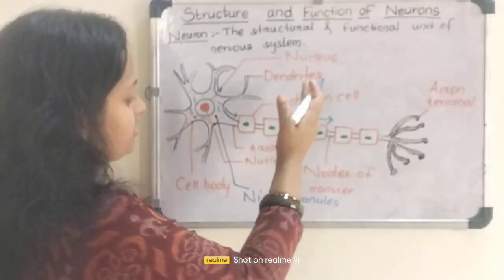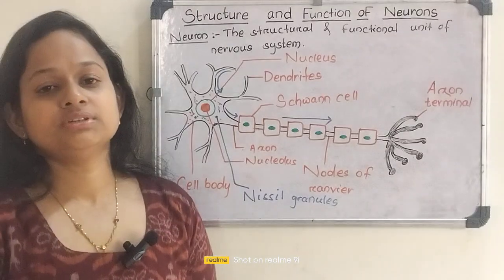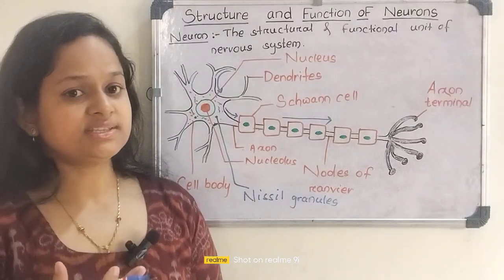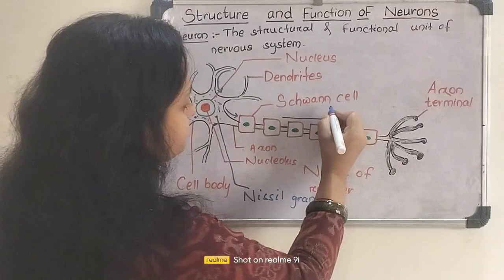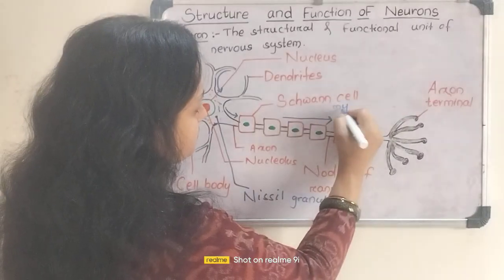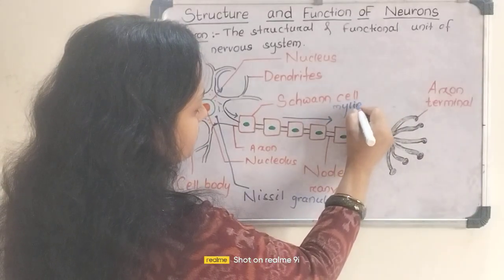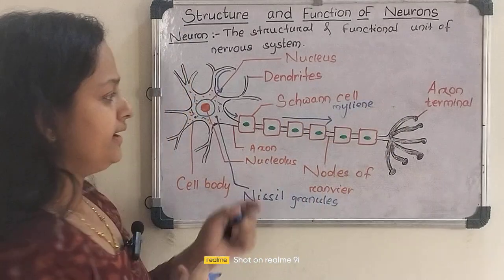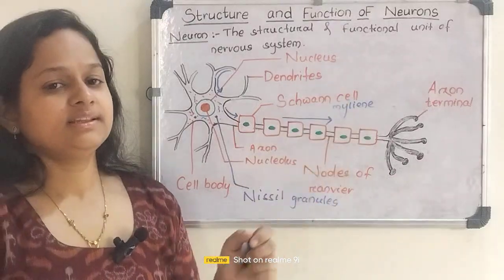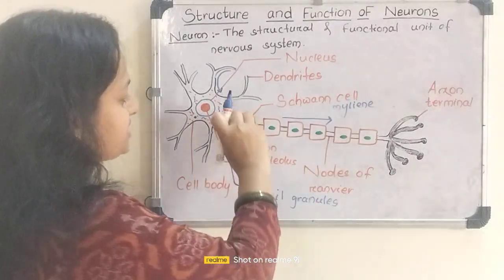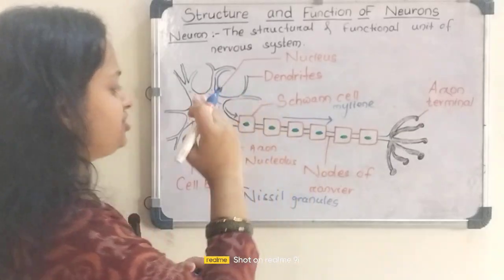And these cells produce a type of fat which is known as myelin. And this myelin forms a sheath-like structure around the axon.